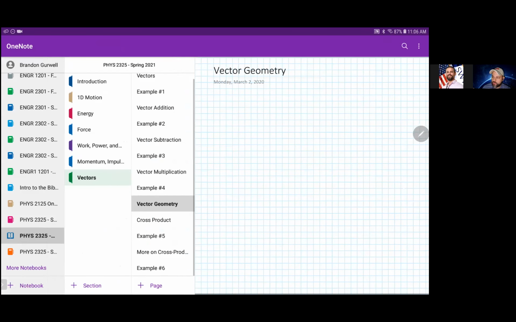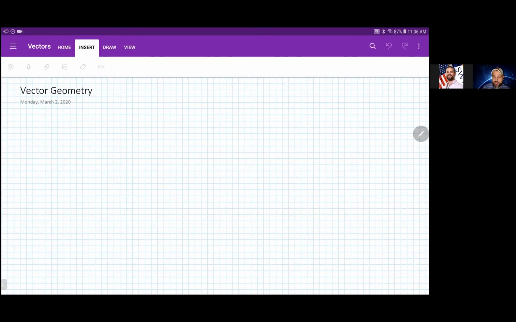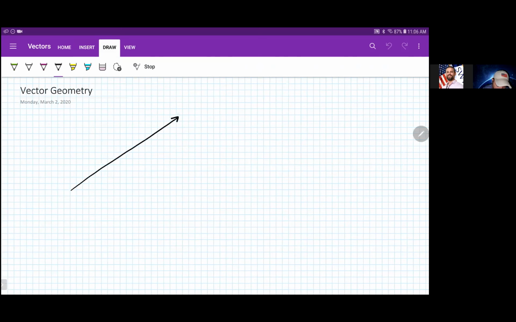Okay. We're going to talk about the last way that we can multiply vectors, but before we do, we need to talk a little bit more about the geometry of vectors. So let's say we have these two vectors again. We've got vector A, and we've got vector B. I'm going to just draw it this way.